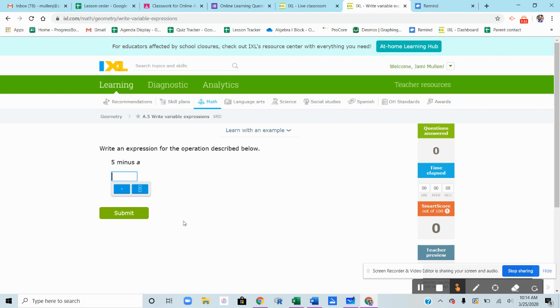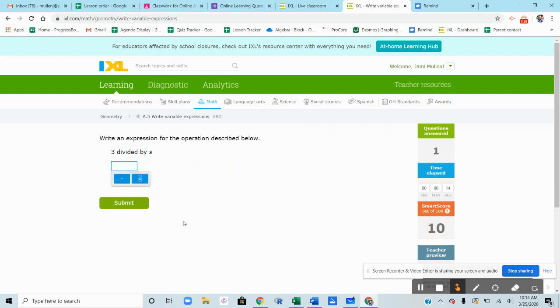That means we're going to subtract. Minus is not a flip around word, so we're just going to do 5 minus A. 3 divided by S, so this is where we need this fraction bar. We're going to do 3, and then S goes in the bottom. So 3 divided by S is just 3 fraction bar S.